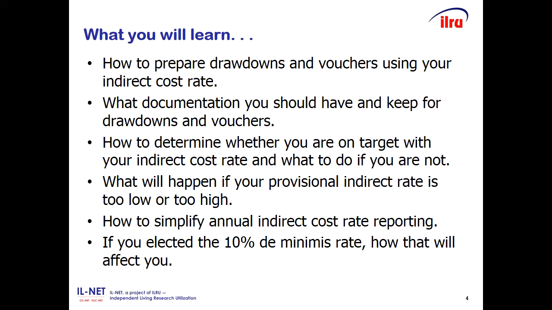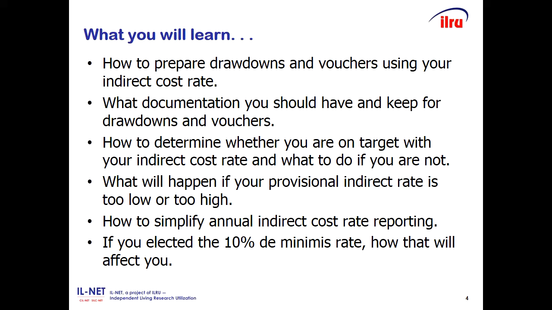We're going to talk to you a little bit about how you prepare drawdowns and vouchers using your indirect cost rate. We're going to talk about what documentation you should have and keep in order to draw down your funds or to bill the state for your funds or both. We're going to talk about how to determine whether you are on target with your indirect cost rate and what to do if you're not. What to do if what you submitted is very different from what you're finding in your day-to-day application.